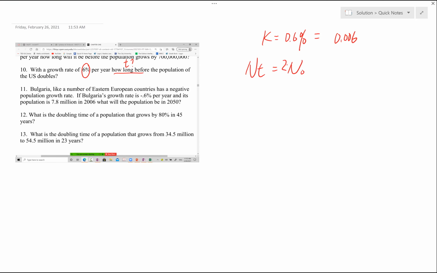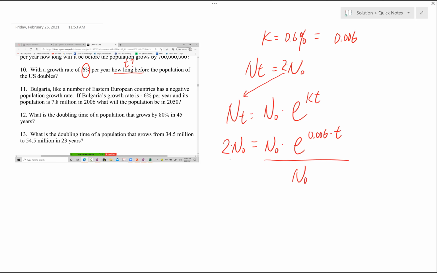Then here we're just solving for time t. So first of all, we get NT equals N0 times e to the KT. And we're just throwing in all the given information. So NT becomes twice N0, and N0 times e to the 0.006 times time t. Okay. Then dividing N0 from both sides of the equation. So e raised to 0.006 t equals 2.